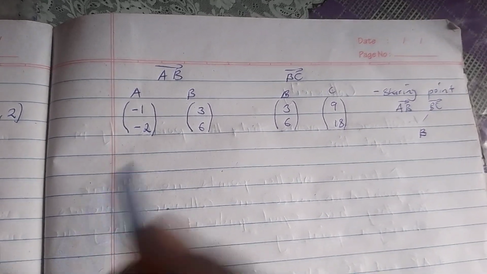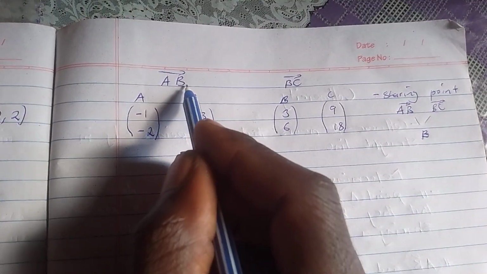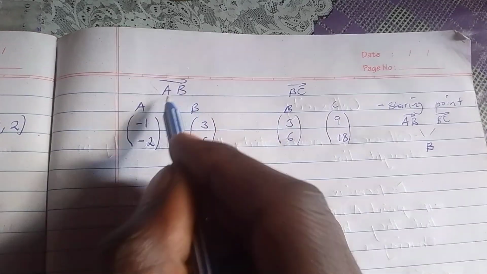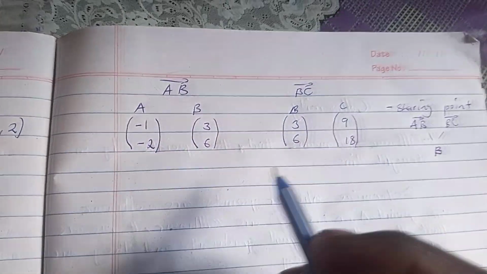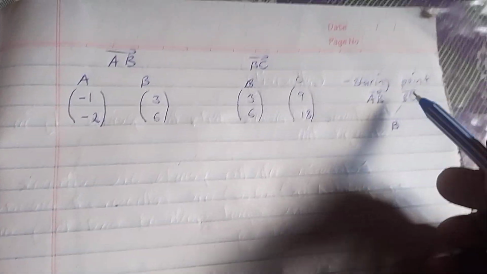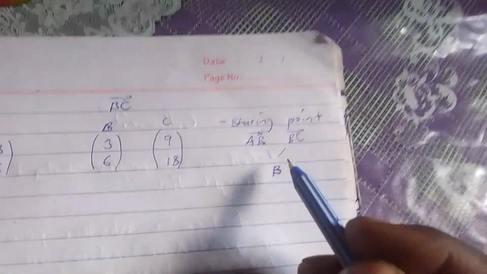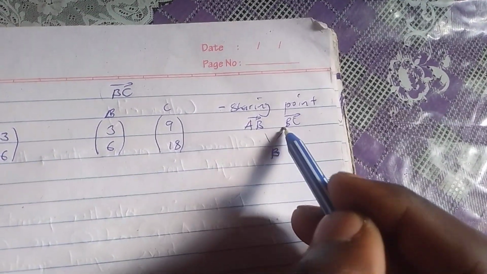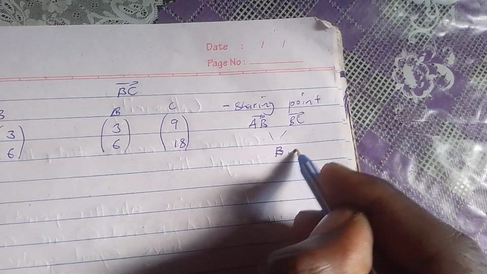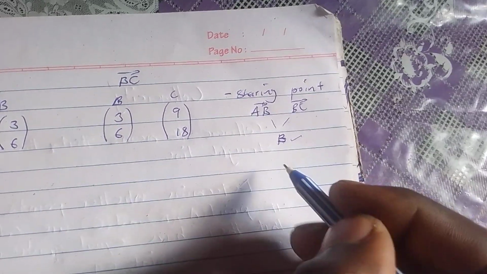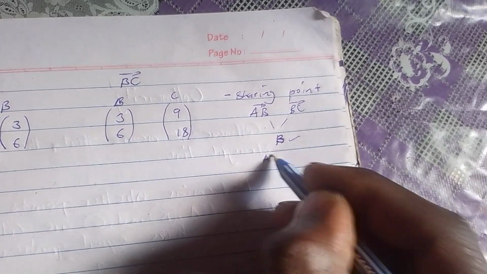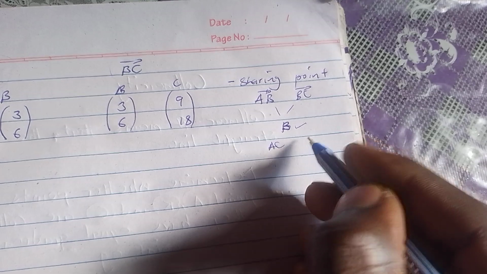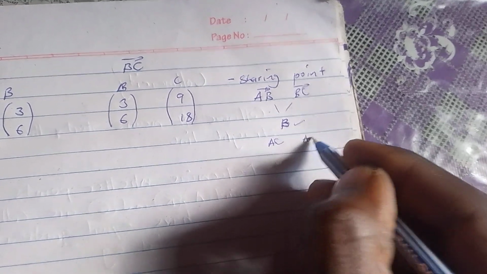We are going to group them the way I prefer. I said AB and BC, which I made to share a point. When you look here, they are sharing point B. If I want, I can also put them as AC and AB.